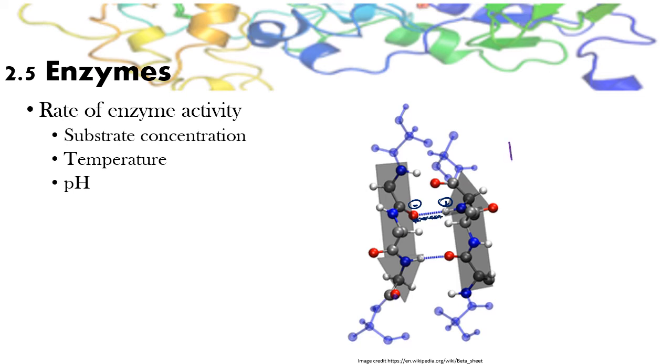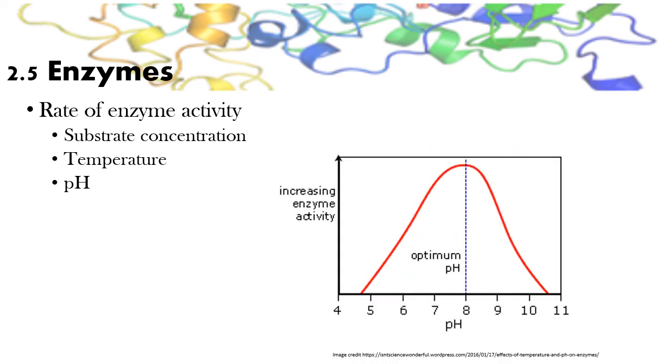If I add an acid, I'm adding hydrogen ions which are positively charged, and these hydrogen ions are going to float in and stick to those oxygen atoms. And if the hydrogen is stuck here, then there's nothing left for this hydrogen to be attracted to, and all this folding will just break apart. So the hydrogen ions from the acid will interfere with the hydrogen bonding, which holds together those enzymes.